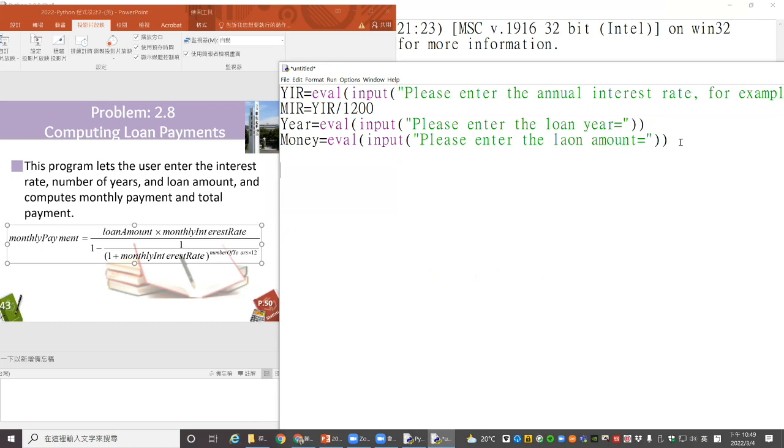So here the monthly payment, I can use monthly payment equal. First, it is loan amount. Loan amount is here, I call that total money. And monthly interest here, this is this part.